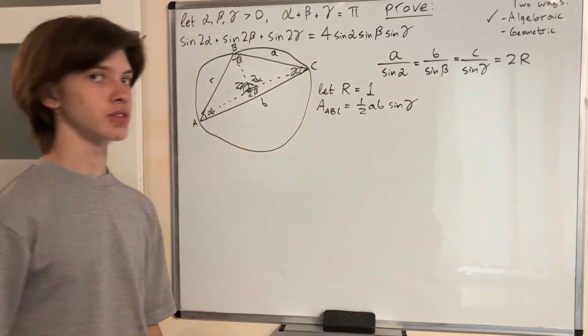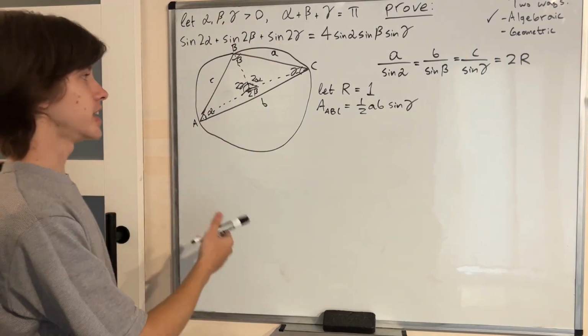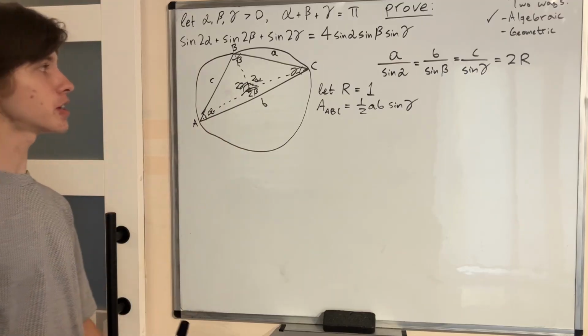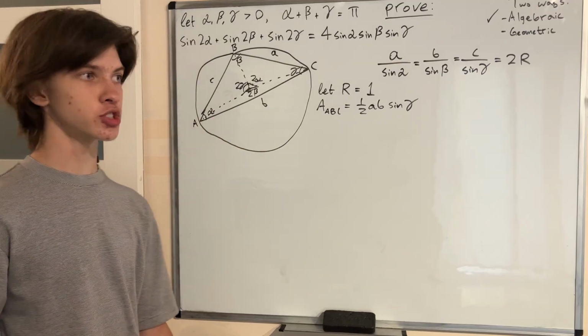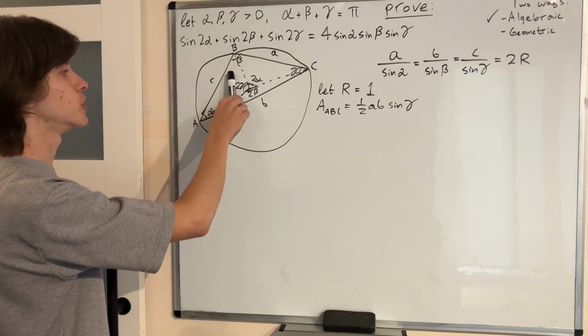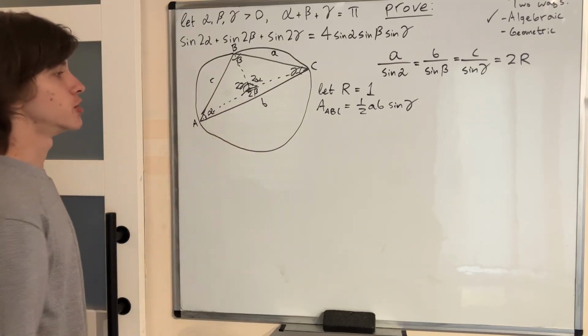So where am I going with all this? Why do we need such area formulas? Well, notice we can write the area in another way. Since we have this circumcenter right here, we can write the area as the sum of 3 triangle areas. It's going to be these 3 isosceles triangles formed with the circumradius and also these angles 2 alpha, 2 gamma, and 2 beta.